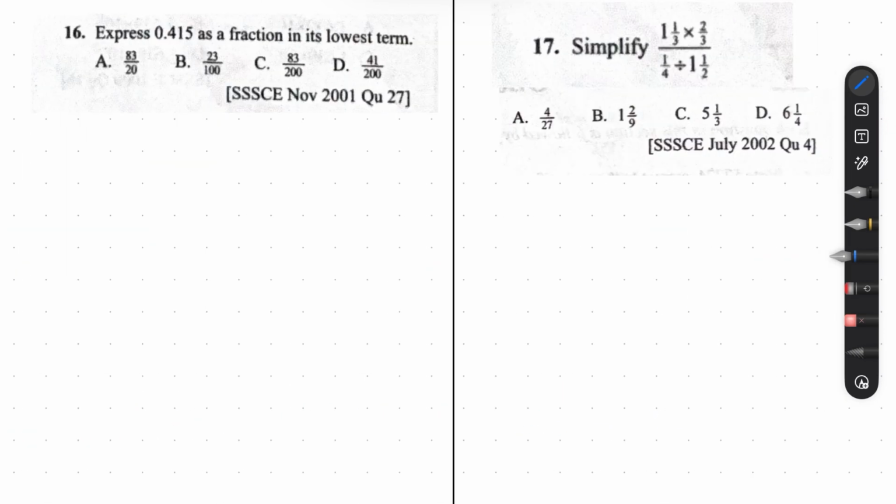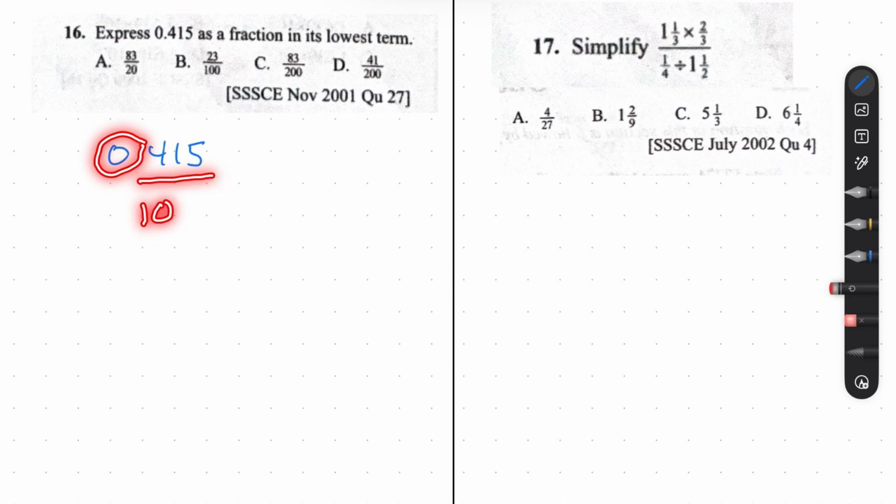Question number 16 says, express 0.415 as a fraction in its lowest term. Okay, so we just need to express this as a fraction, right? Very, very easy. So we have 0.415. Now, to change this into a fraction, we can just remove this decimal and then we divide by the units.